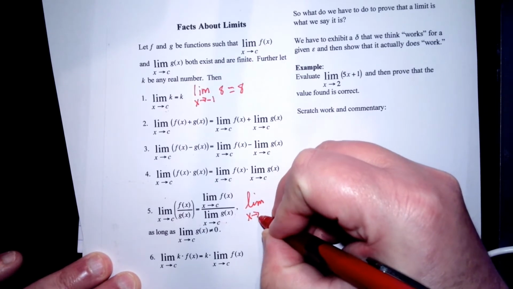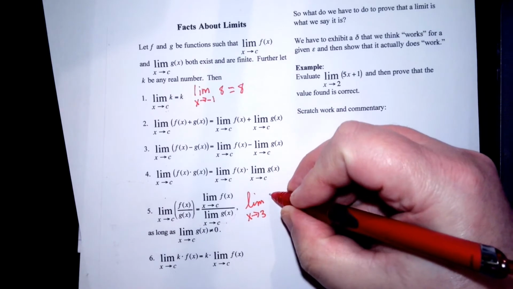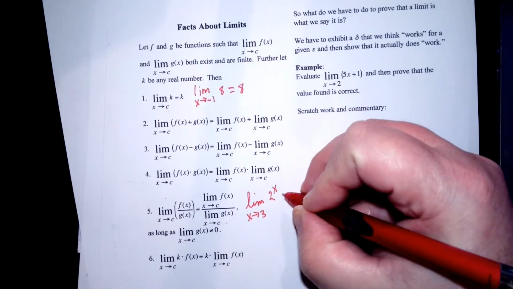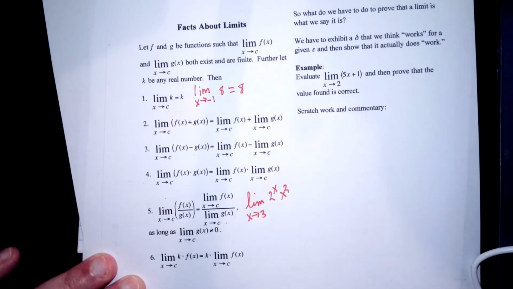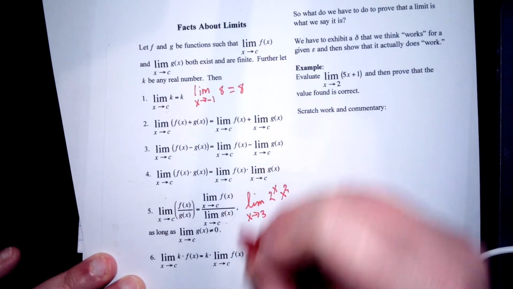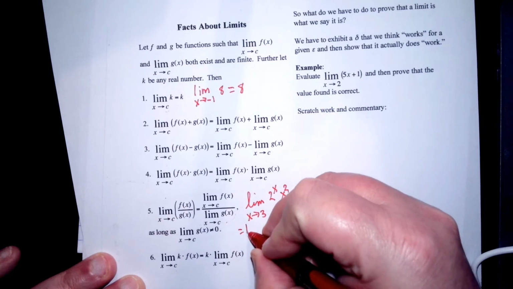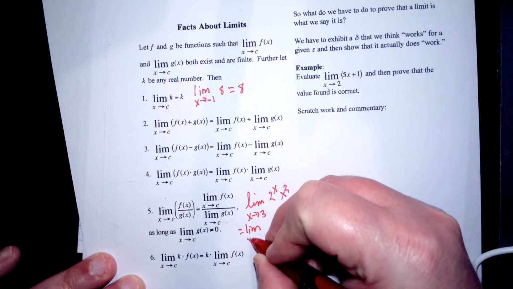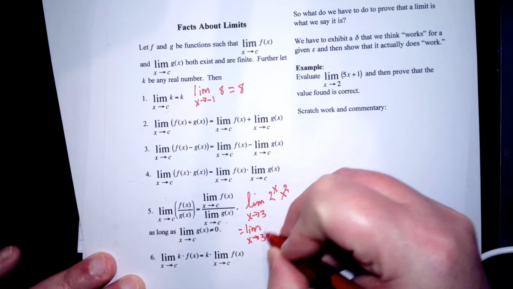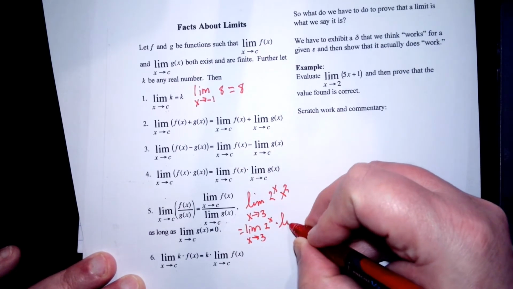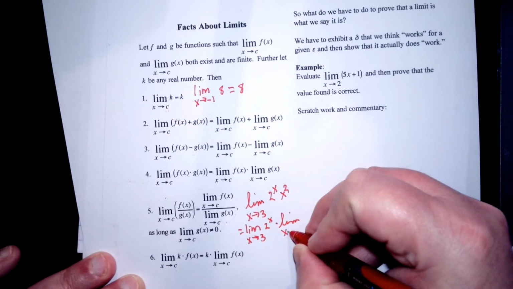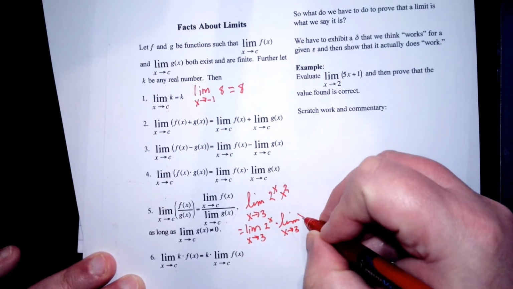So for instance, let's say you had the limit as x approaches 3 of 2 to the x times x squared. Property number 4 says that what we can do is take the limit as x approaches 3 of 2 to the x, and multiply that by the limit as x tends to 3 of x squared.